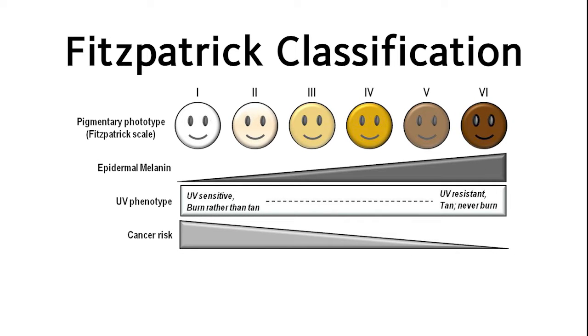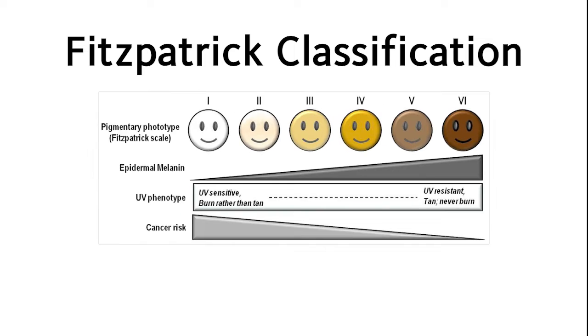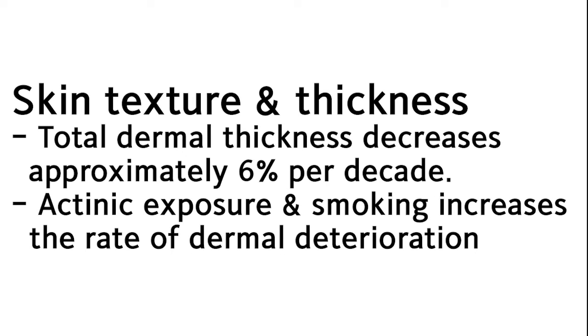For analyzing the skin type and complexion, we usually use the Fitzpatrick Classification. This classification ranks the skin tendency to tan or burn after actinic exposure. The skin texture and thickness, we have a concept as this.